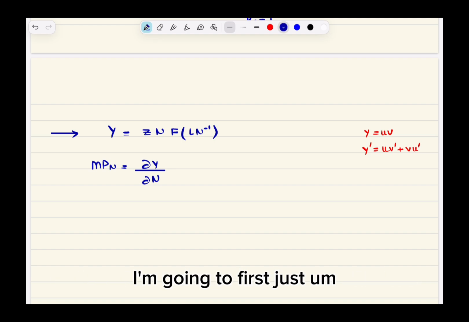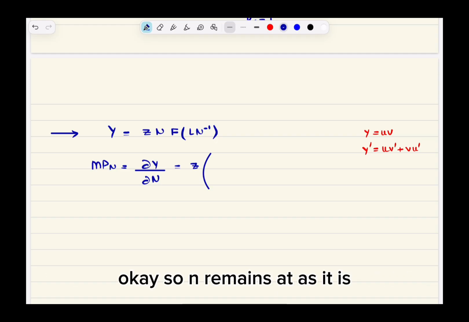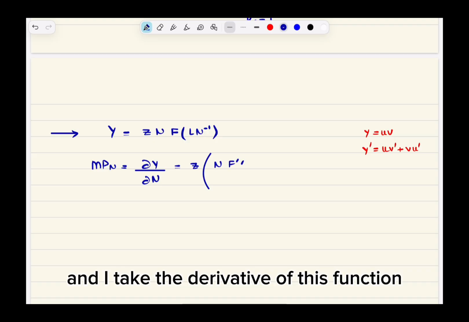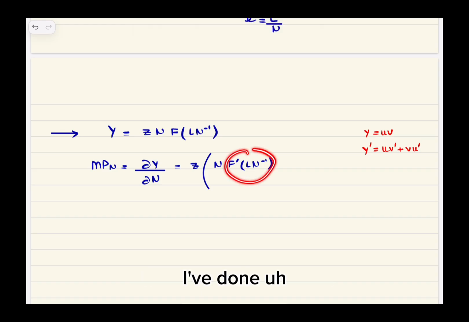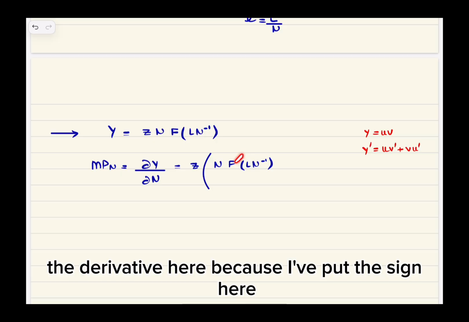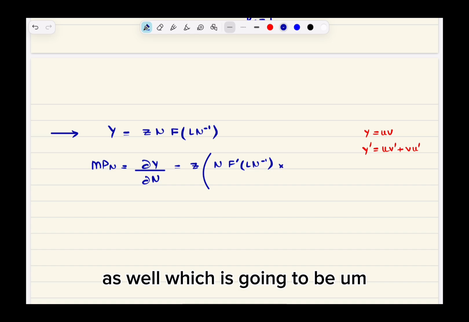So let's do that here. Z is a constant, so it can just come outside. N remains as it is, and I take the derivative of this function with respect to N. I'll need to take the derivative of this expression as well, which is going to be minus L N to the power minus 2.